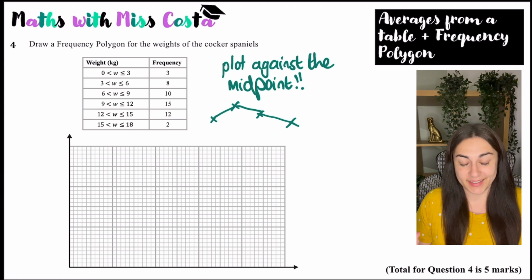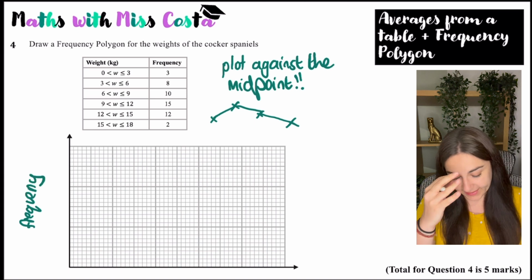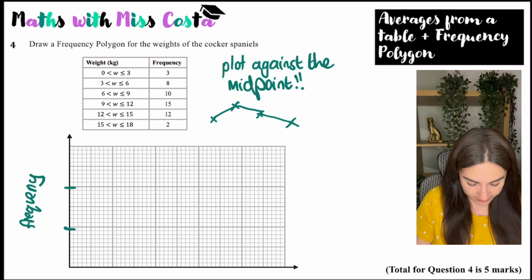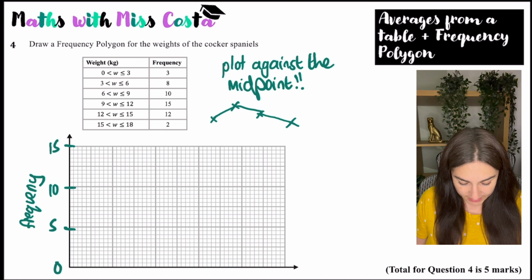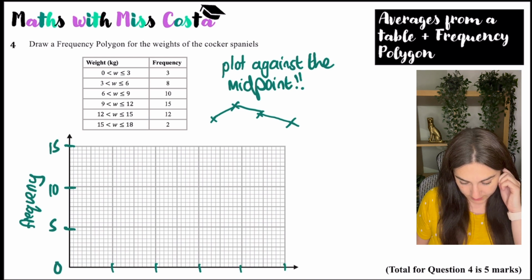So first things first, I need to think of a suitable scale. Frequency is always going to be your y-axis, and the frequency goes up to 15. So I've got 1, 2, 3 large blocks, so it makes sense to do 0, 5, 10, 15. Now my x-axis goes up to 18, and I've got 1, 2, 3, 4, 5 large blocks.